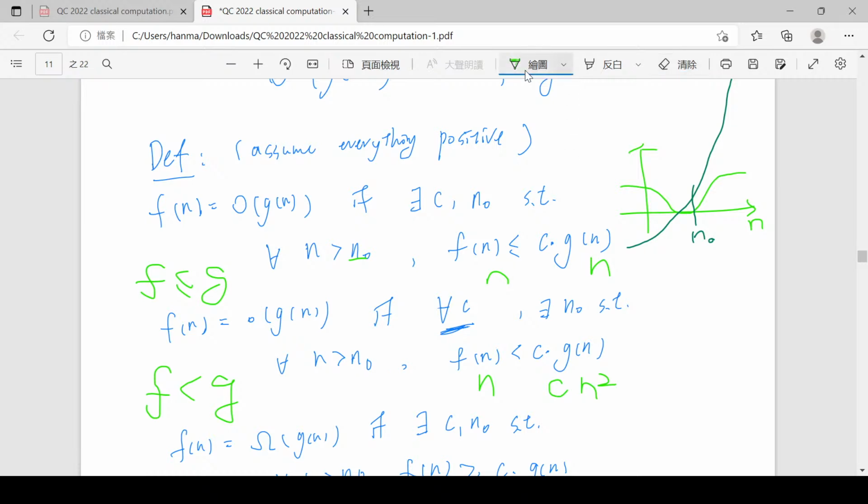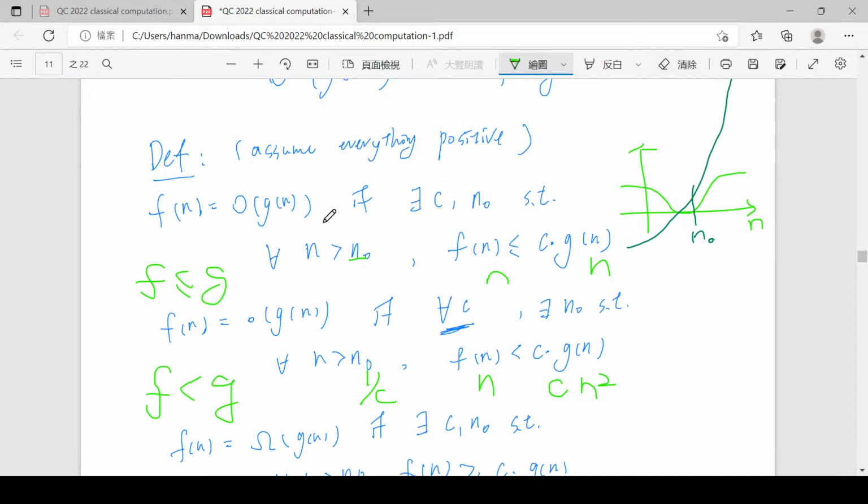Wait, actually, sorry. Anyway, this n naught will depend on c. Okay. I think if it's c, then yeah, it should be 1 over c. Sorry. Something like that. But you see that the g needs to actually grow faster than f for this small o to be satisfied.